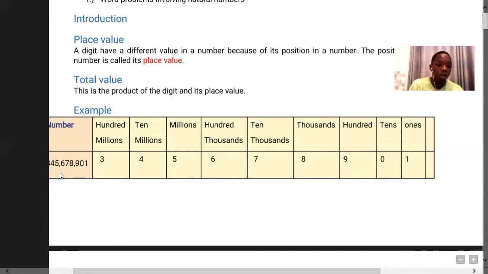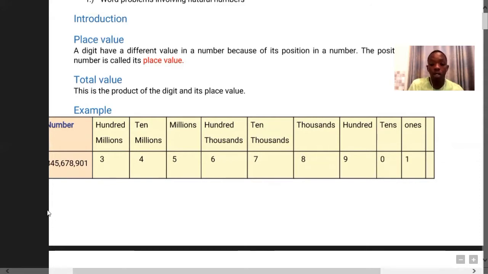For example, this number is 345,678,901. The place value and the total value of each digit has been subdivided into this table. The upper part is the place value, and this lower part is the total value.